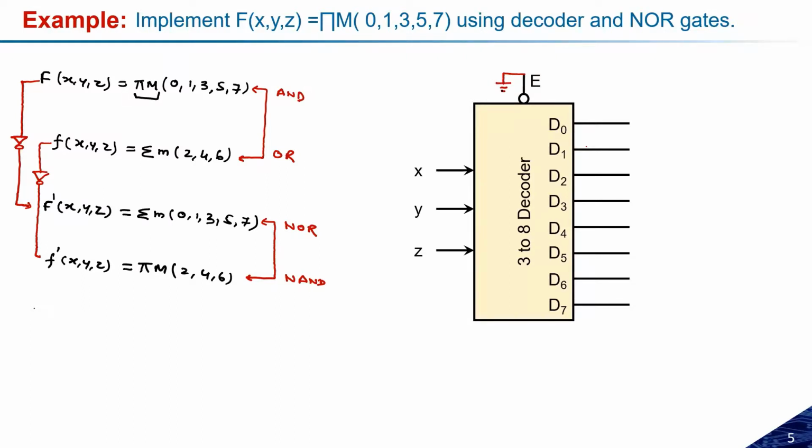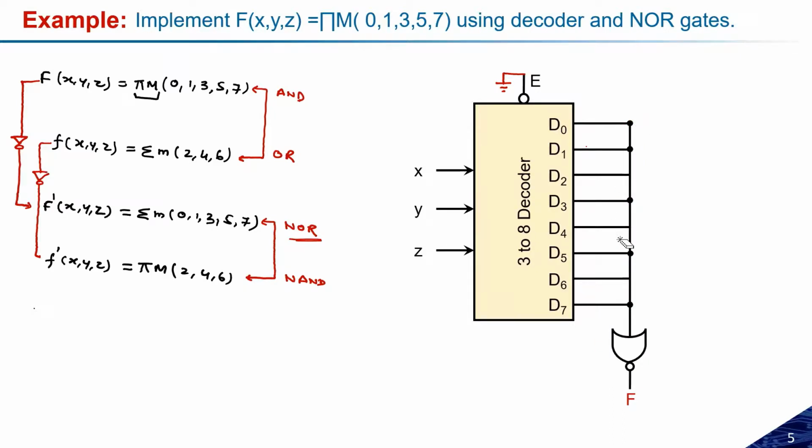And if I'm talking about the NOR kind of structure, I need to consider 0, 1, 3, 5, and 7, and I need one NOR gate over here. Okay, so this is how you can design this function.